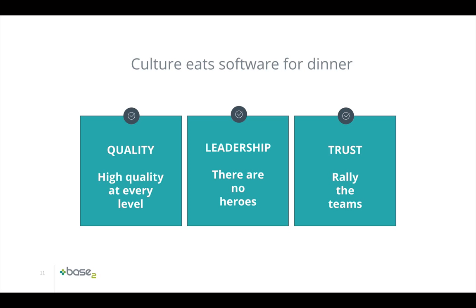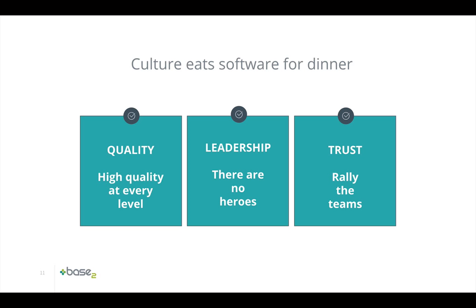And at Base 2, quality is actually the most important thing that we value. And we manifest that by it being something that everyone is involved with from the very outset of the project. It is a mindset that is infused at every level. So developers are aware of quality.